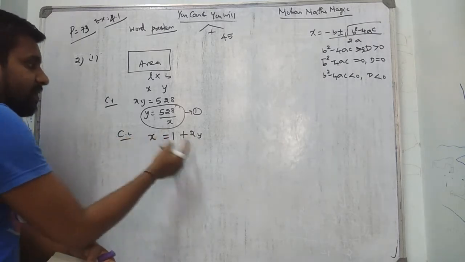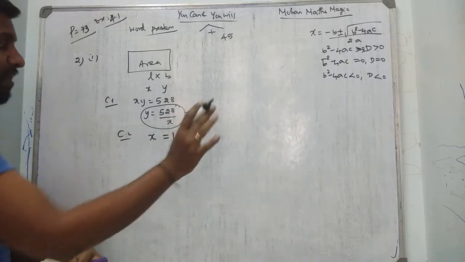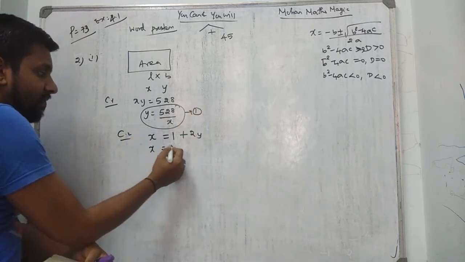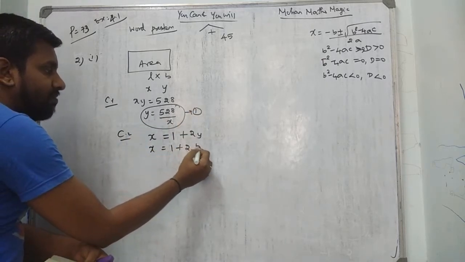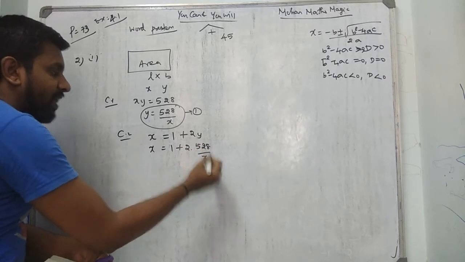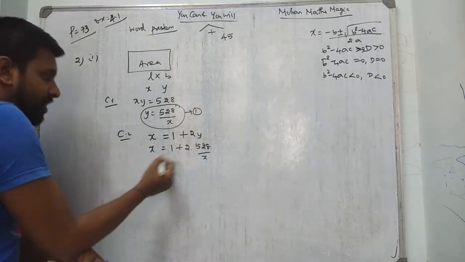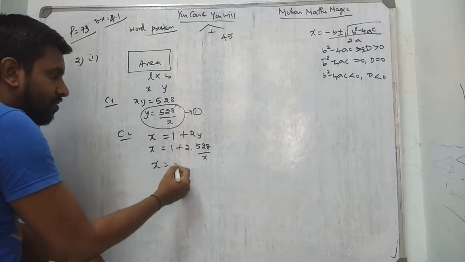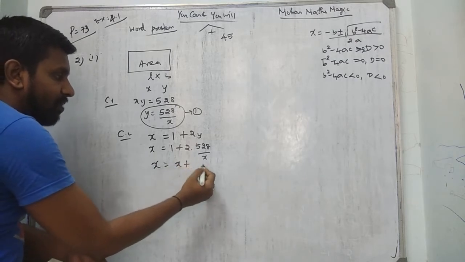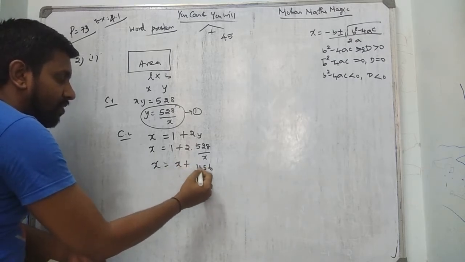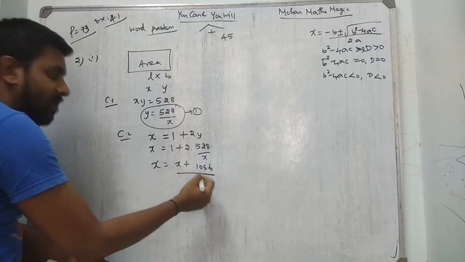Okay, now I have to change into one variable. So x equal to 1 plus 2y. In place of y, 528 upon x. Next, LCM, normal LCM, x equal to x plus 1056 upon x, normal LCM.